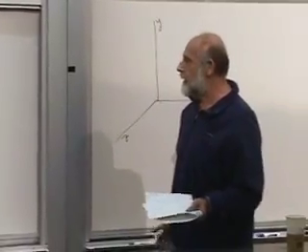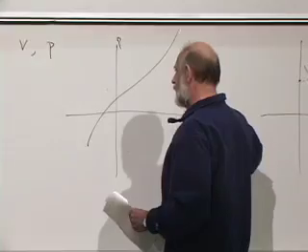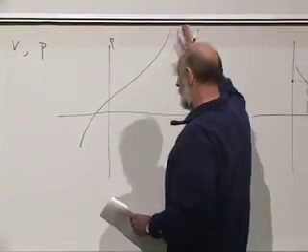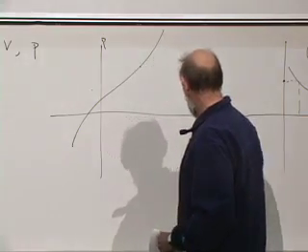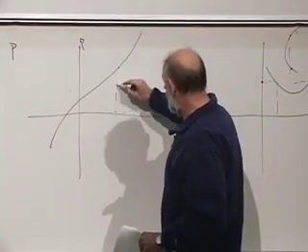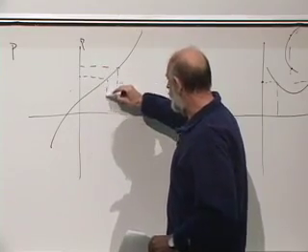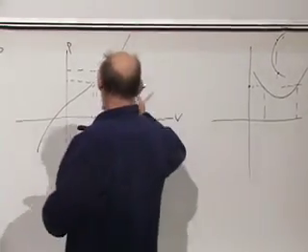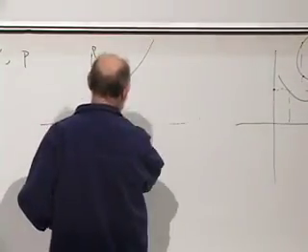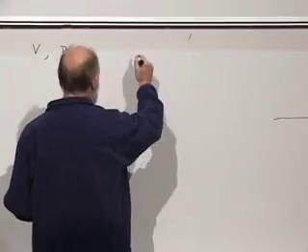Single-valued means that the graph of the function P versus V looks like this. For any value of V, there's a unique P, and for any value of P, there's a unique V. Just for simplicity, although this is not important, let's draw the graph so that it goes to the origin.